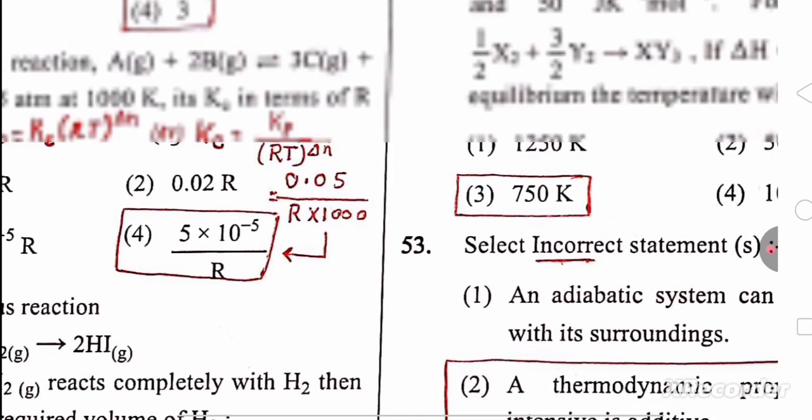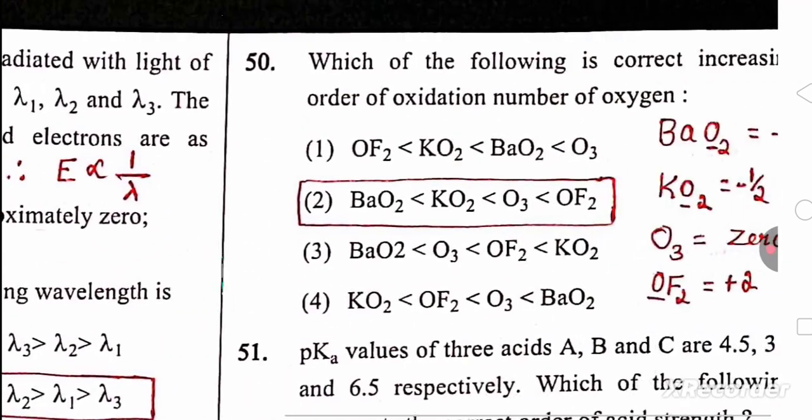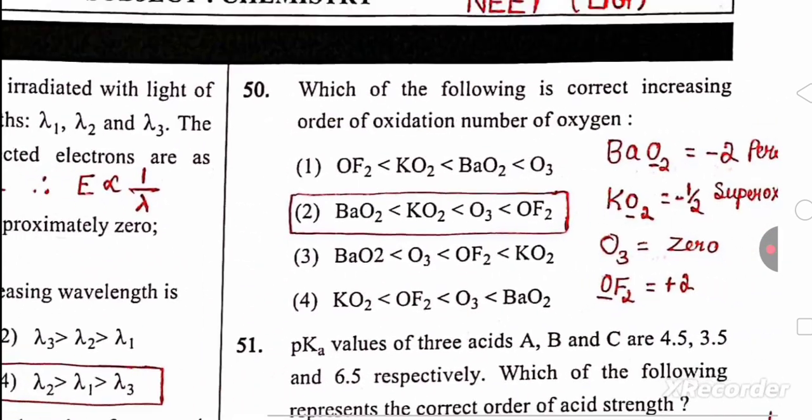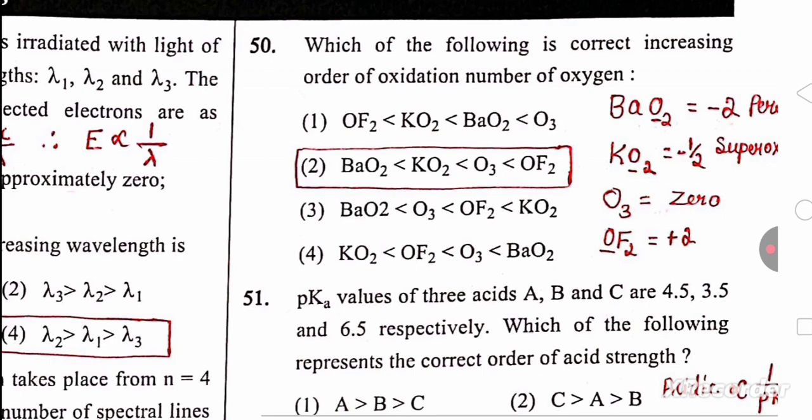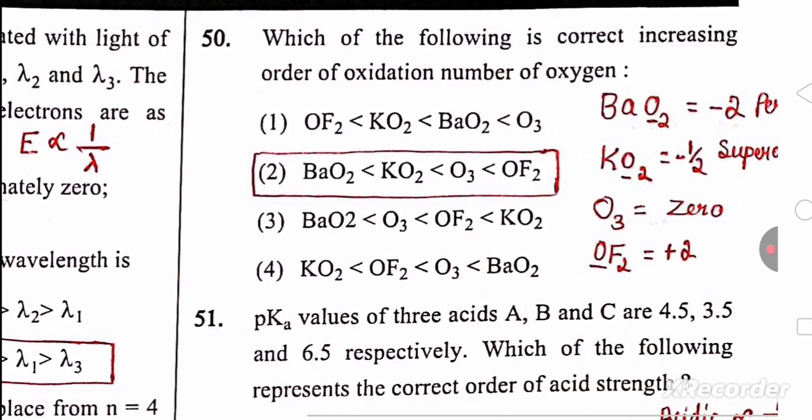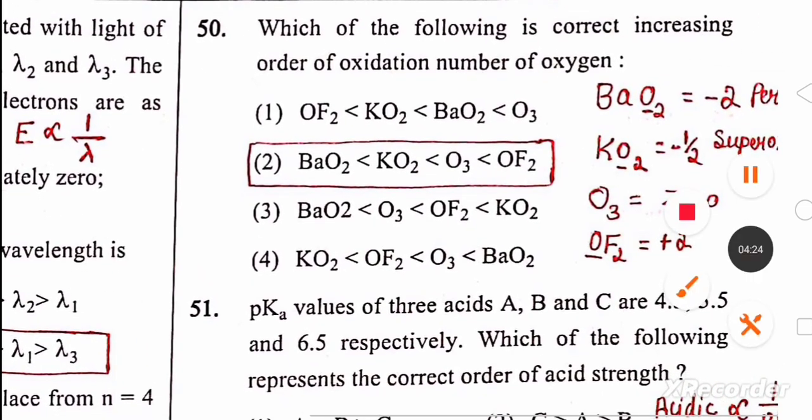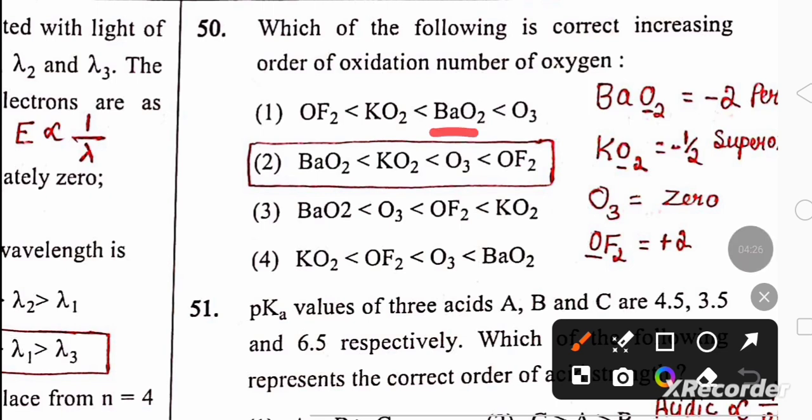Let us move to the next question. Which of the following is a correct increasing order of oxidation number of oxygen? Among the given options, in barium peroxide, oxidation number of oxygen is -1. In potassium superoxide, it is a superoxide, and we know in superoxide oxidation number will be -1/2.